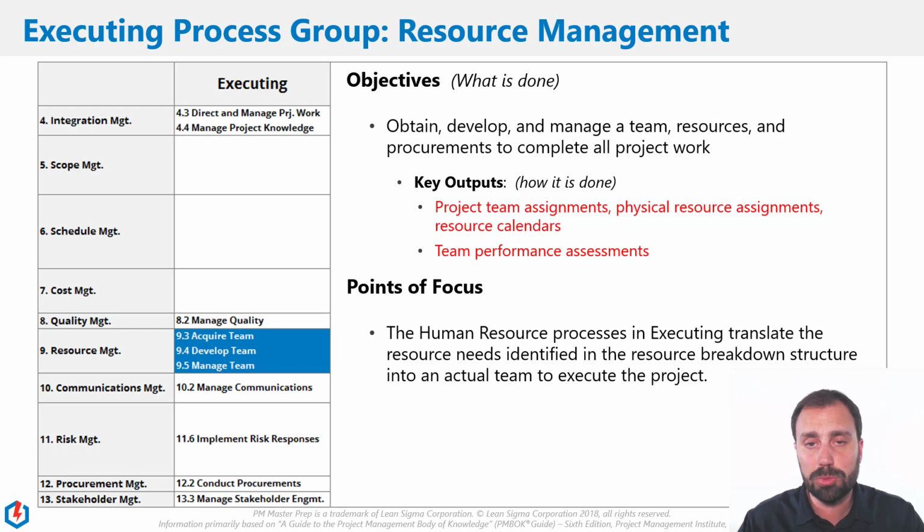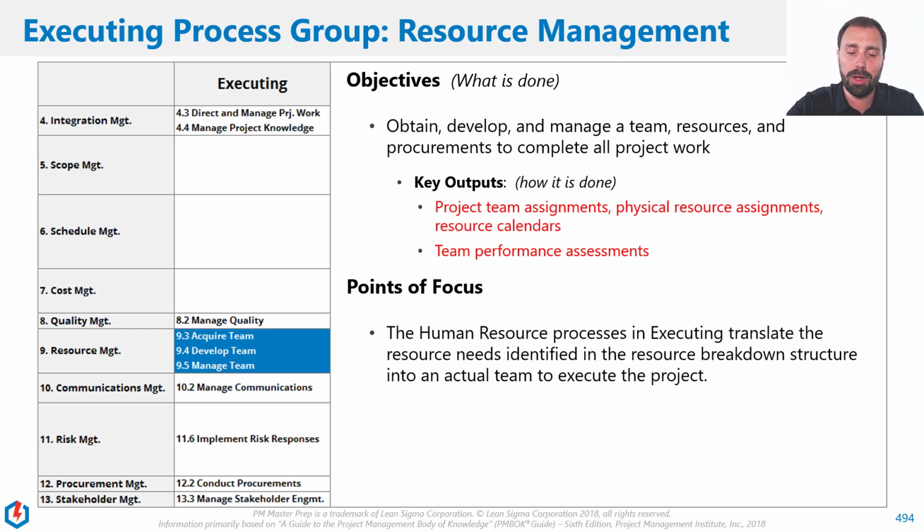So we're taking that resource breakdown structure, the RBS that we made earlier, and we're actually translating it into what we need to do the project. That's key. And as you think through these 3 processes, just see that resource breakdown structure go into the actual physical resources, how it molds into that. So that is how you organize your brain. What are we actually trying to accomplish and how are we doing it in the executing process group?